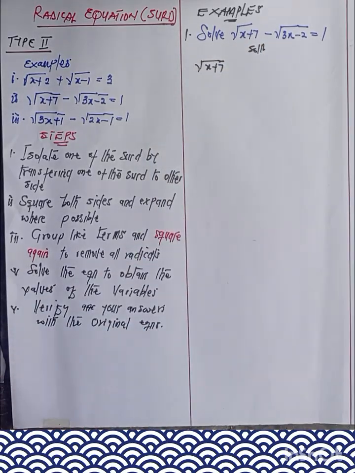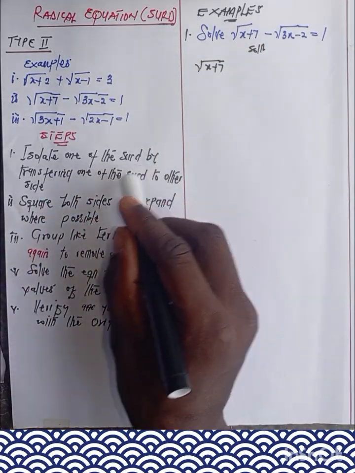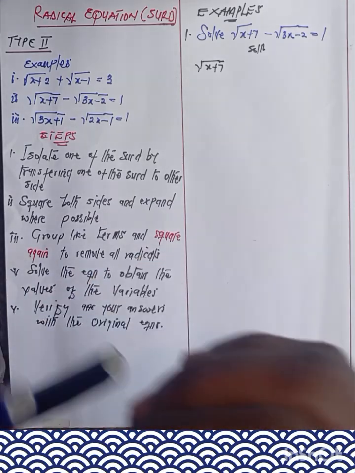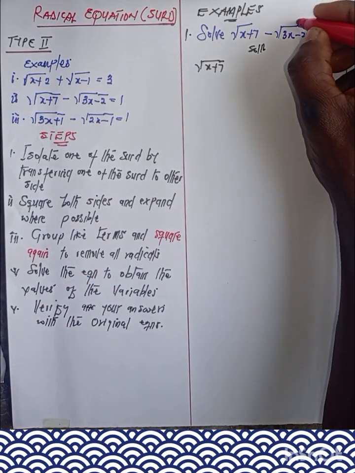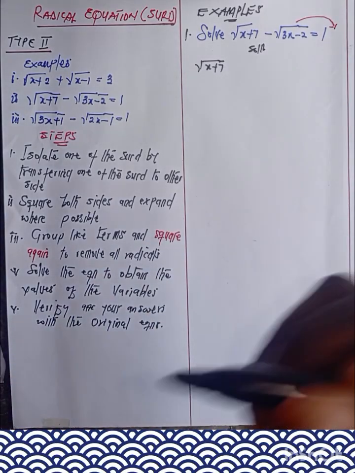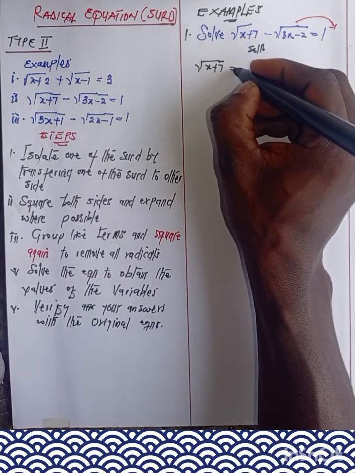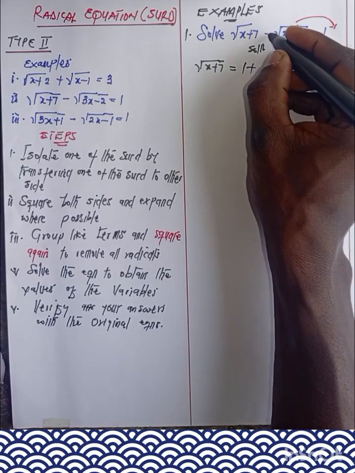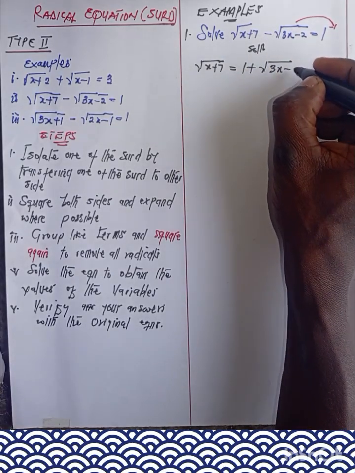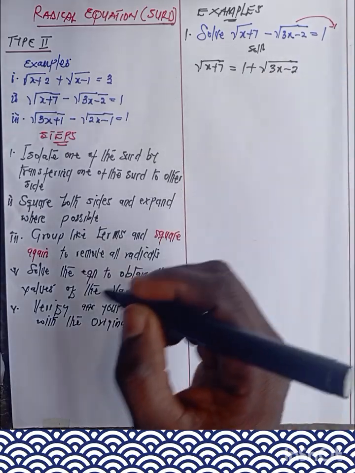The first step says isolate one of the surds by transferring one of the surds to the other side of the equation. So let's transfer this to the other side of the equation, and we are going to have this is equal to 1 plus root of 3x minus 2.